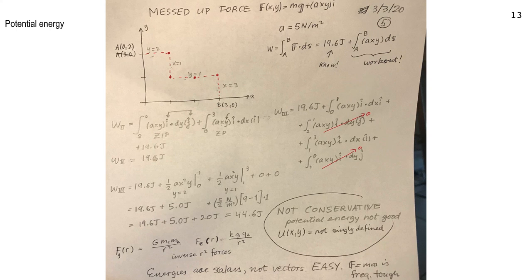All right. So let's try a different path. Path 3. We're going to go 1 block over, 1 block down, no, 2 blocks over, and 1 block down.